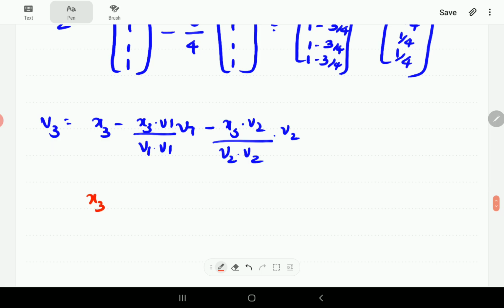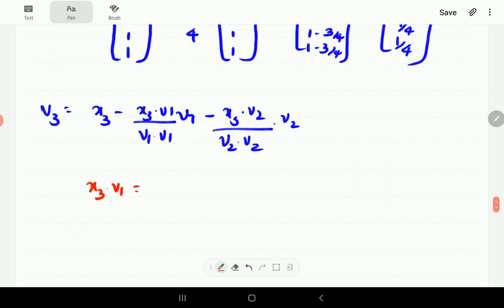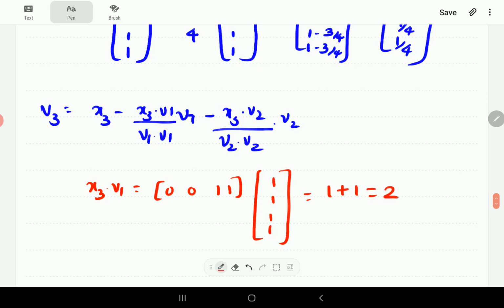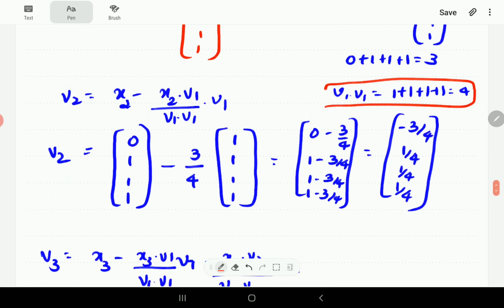We want x3 dot v1, where x3 is given as (0, 0, 1, 1) and v1 is (1, 1, 1, 1). So this is simply 1 plus 1, which is equal to 2, and we already found v1 dot v1, which is 4.